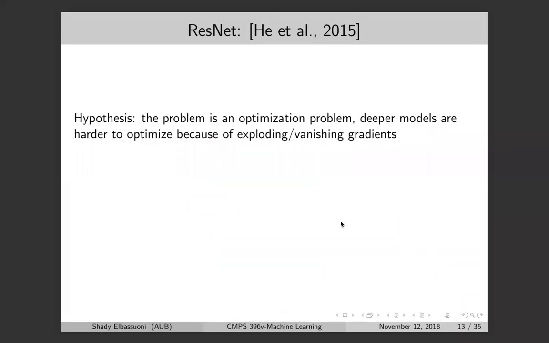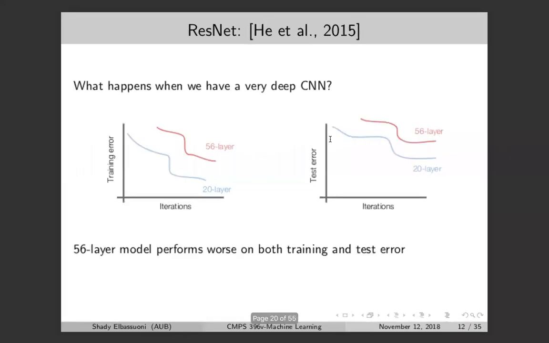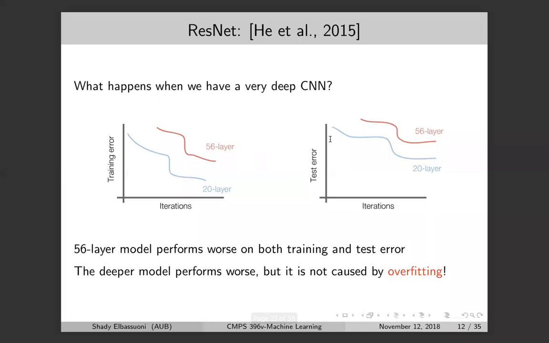What happens is it's a problem of exploding and vanishing gradients. Remember the exploding and vanishing gradients, where we said the deeper the network is, by the time you pass the gradient from the output layer to the input layer, it vanishes or it explodes because you're multiplying it by weights and then passing it through nonlinearity and multiplying it by weights and passing it through nonlinearity. And so by the time it reaches the earlier layers, it already vanished. It's almost equal to 0.